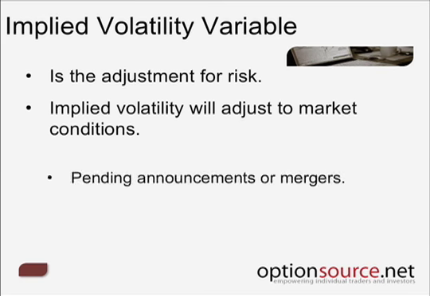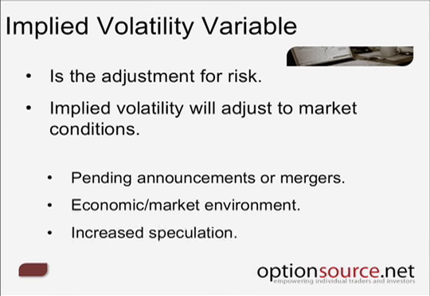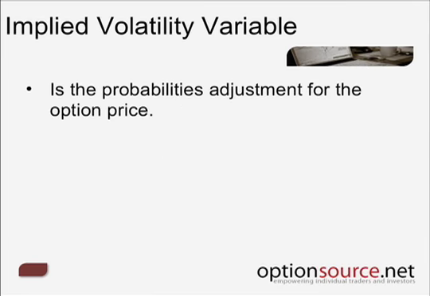But as variables change, such as announcements or mergers in the case of stocks, or various economic or global market conditions or even increased speculation in the case of currencies, we see an influence on the implied volatility of an options contract. That implied volatility is really an adjustment for the probability of the underlying security moving.